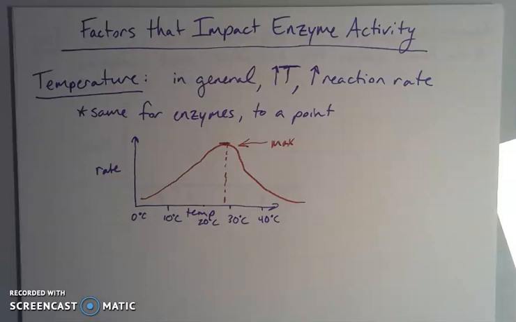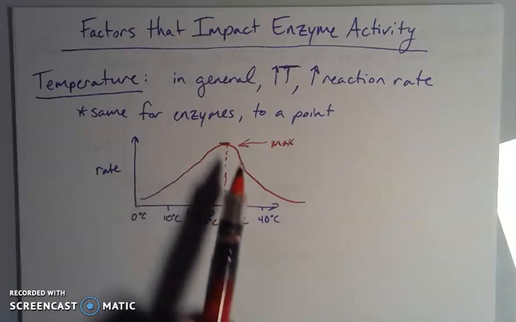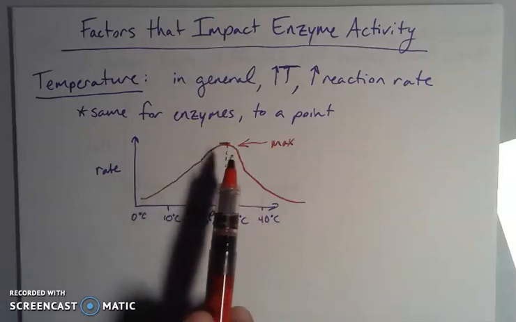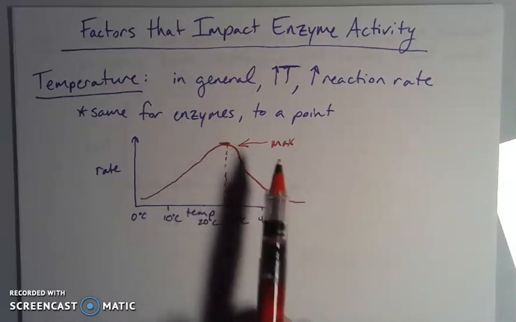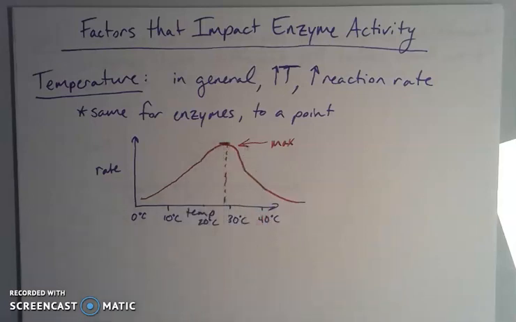If we get too low through something like hypothermia, being out in the cold for too long, that's going to decrease our enzymes' ability to do the work that they need to do. Or if we get too hot and we have a fever, as our body is fighting off various things, then that causes other things not to happen as quickly.